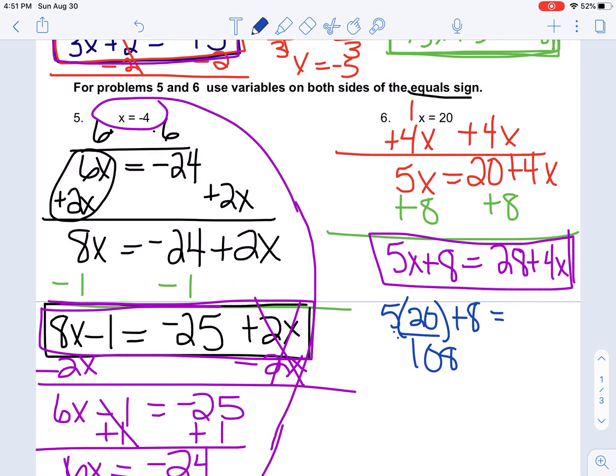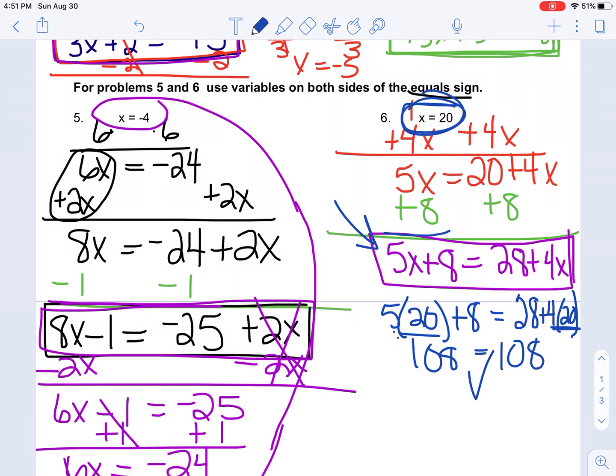And then over here, 28 plus 4 times 20. Well, 4 times 20 is 80, plus 28 is 108 also. So that checks. x equals 20 is the solution to this equation right here. This is the solution, and this is the equation that we created that has a solution of 20.